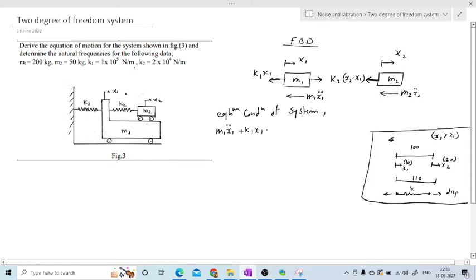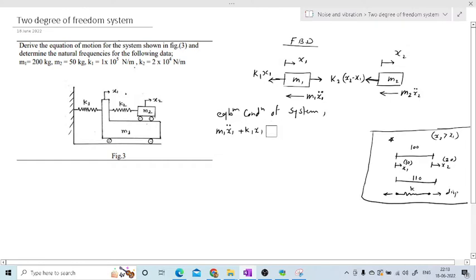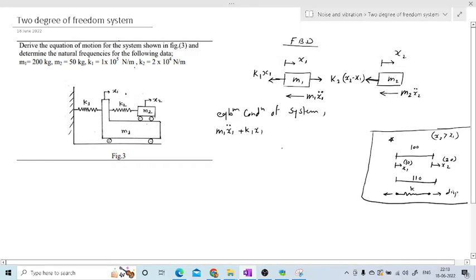Now write for k2. K2 is on the right side, which is opposite to m1 x1 double dot, so I'll write this as negative: minus k2 (x2 minus x1) is equal to 0. Okay, so this is the differential equation for mass 1.